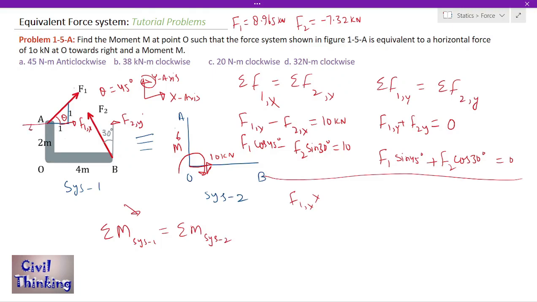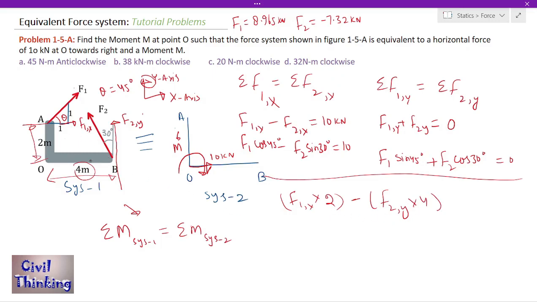The normal distance between them is this 2 meter, right? Multiply by 2. Minus, because F2y is going to exert an anti-clockwise moment at O, minus F2y. How far is F2y normally from point O? It is this distance, right, which is 4 meters. Multiply by 4.